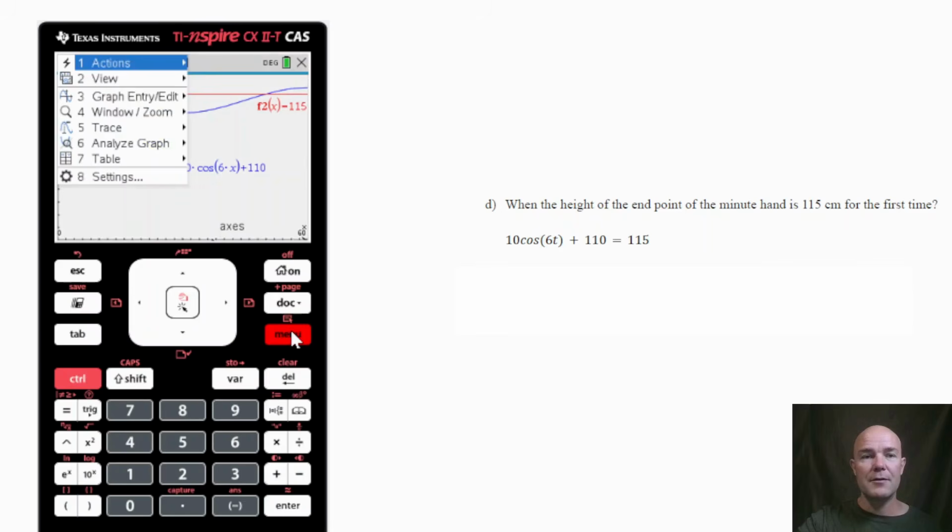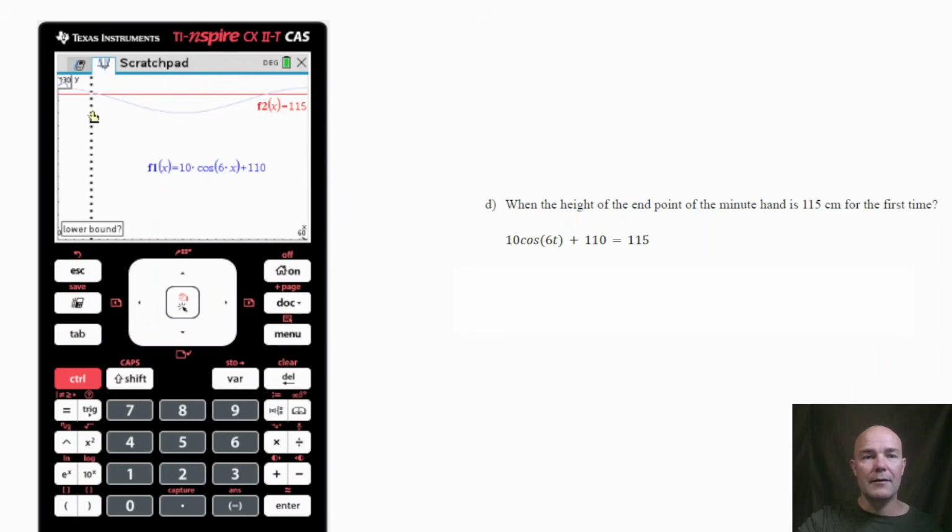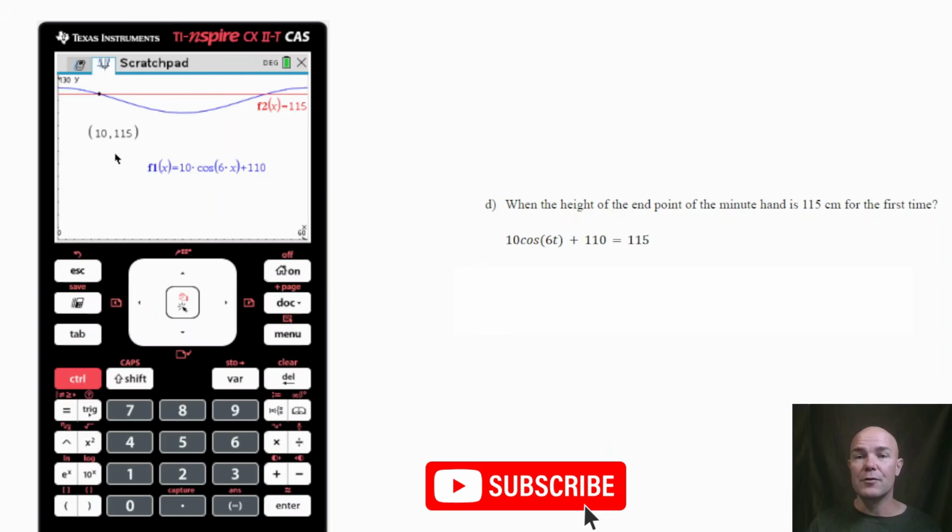We press menu, analyze graph, intersection, and we can find the solution to our equation. So the x value or t value is 10 when the height of the minute point is 115 centimeters for the first time. So the answer to our last question is 2:10 p.m.